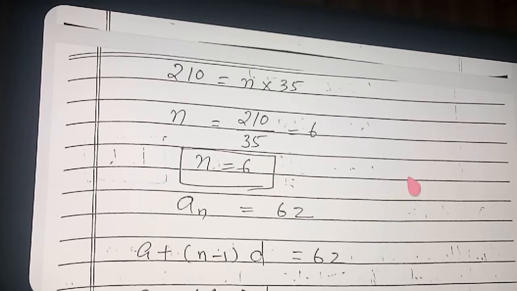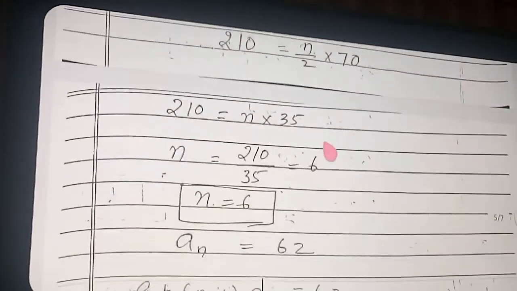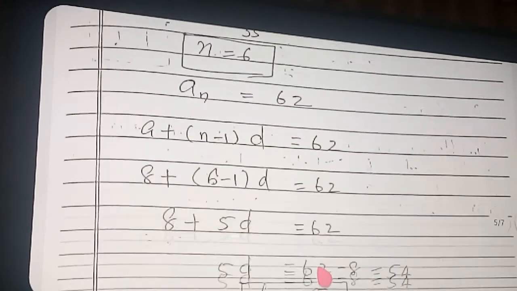Now what is your question? One more term you want to find out, which one? d. You want to find out the value of d. Now what is the formula for the nth term? The last term is already given as 62, the value of a is 8, and the value of n is 6. So 8 plus 6 minus 1 into d is equal to 62.